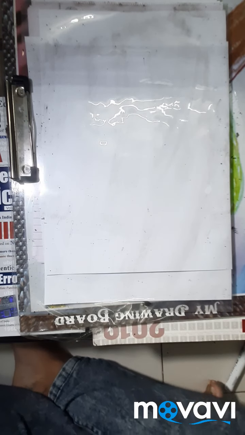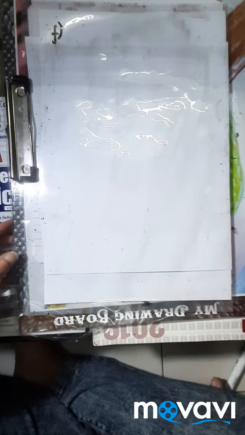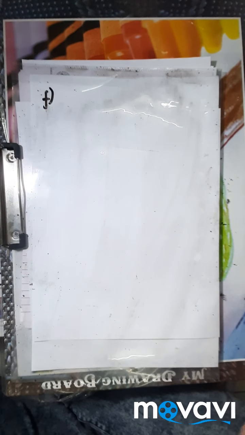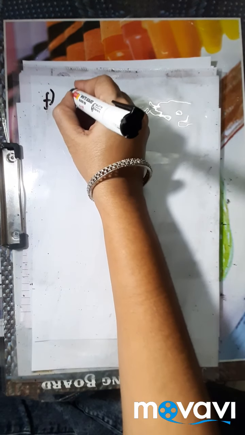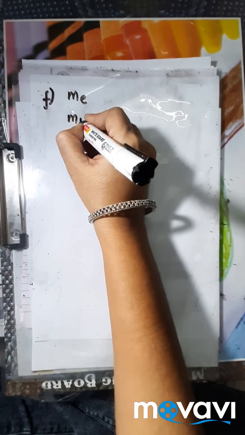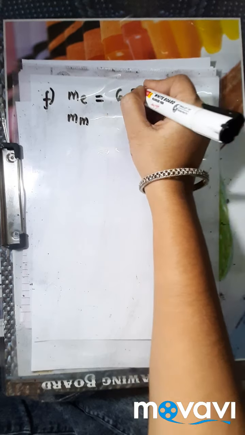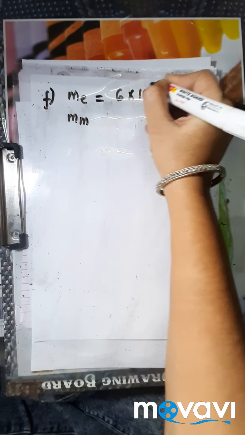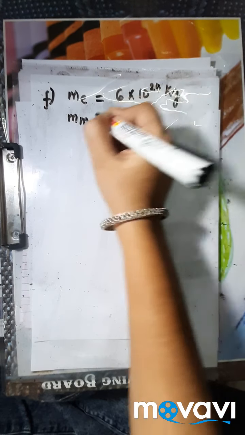Okay, next one, see my sum number f. The mass of the earth and mass of the moon. Mass of the earth, even if they don't give you, you must remember, 6 into 10 raised to 24 kg. This is the mass of the earth.